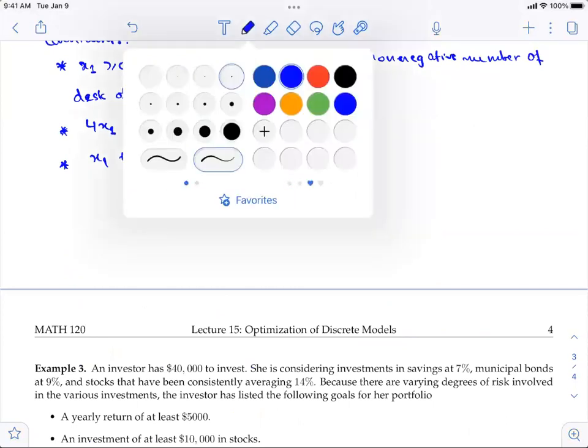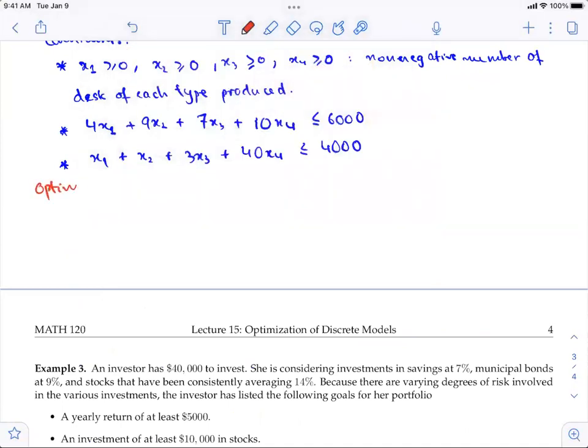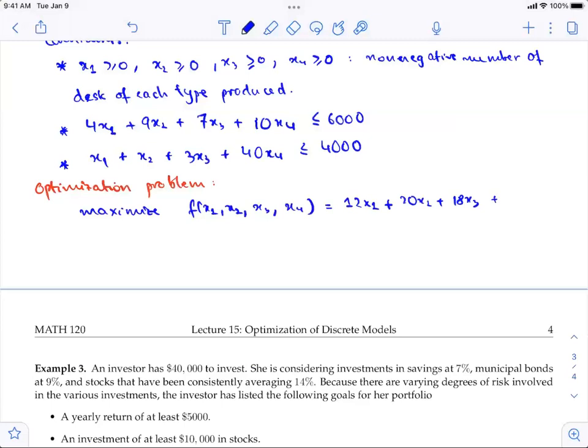So here's the optimization problem. We want to maximize the profit function. So maximize f of x1, x2, x3, x4, and the function is 12x1 plus 20x2 plus 18x3 plus 40x4.